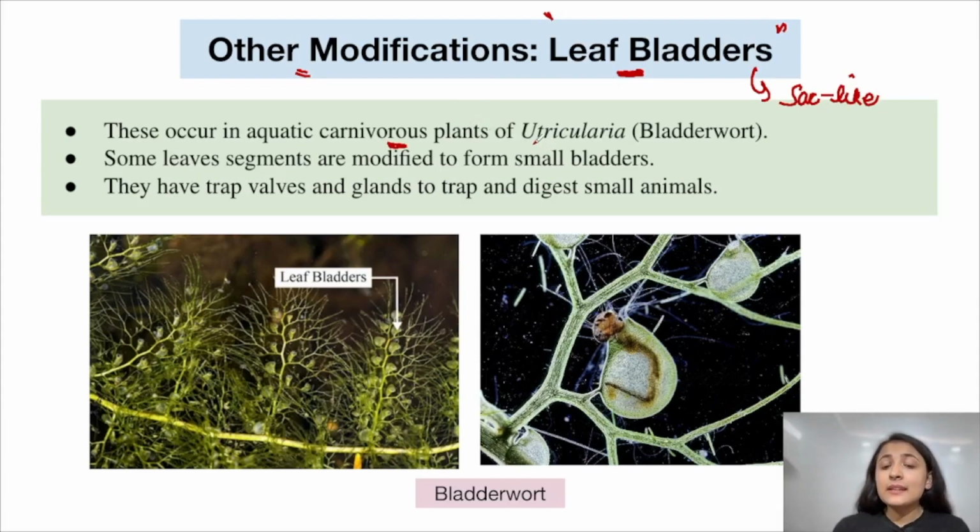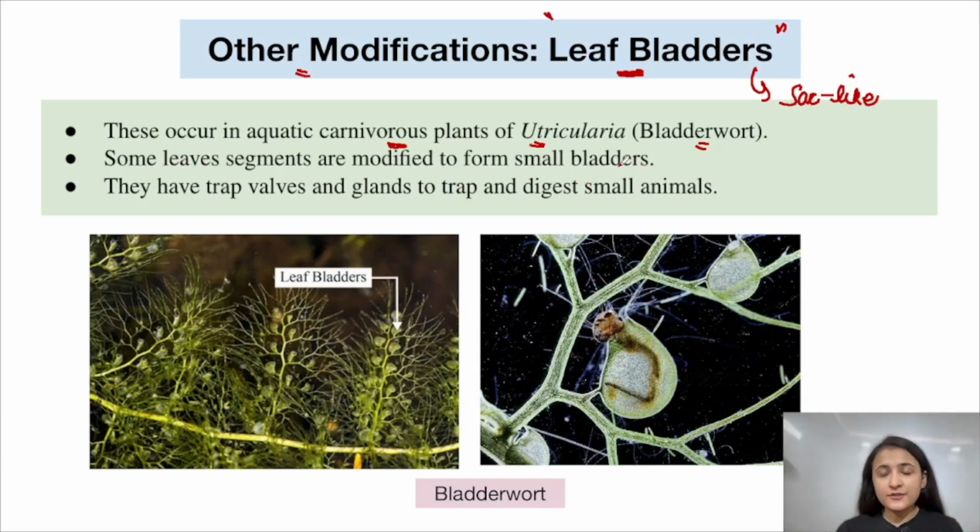So certain aquatic carnivorous plants show the presence of leaf bladders. They are seen in Utricularia, which is also known as bladderwort. The common name of Utricularia is bladderwort. Okay. Some leaf segments are modified to form small bladders in these plants.